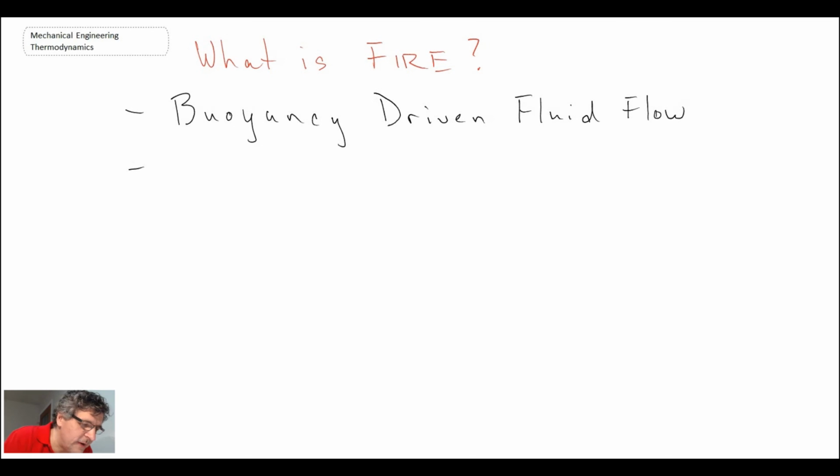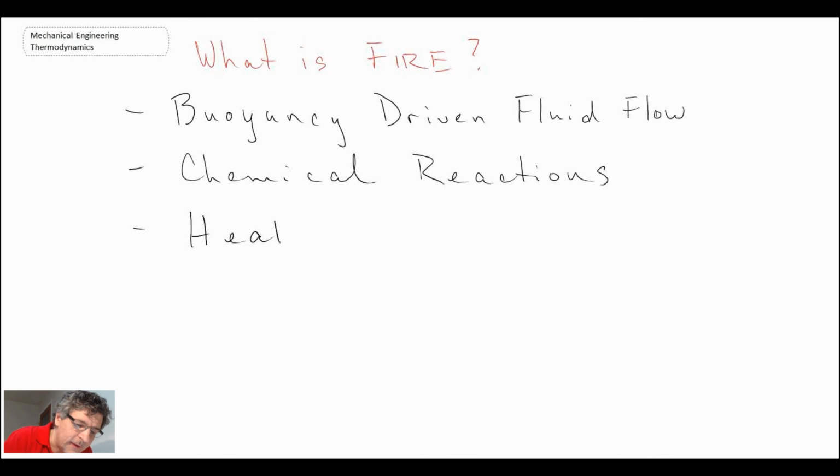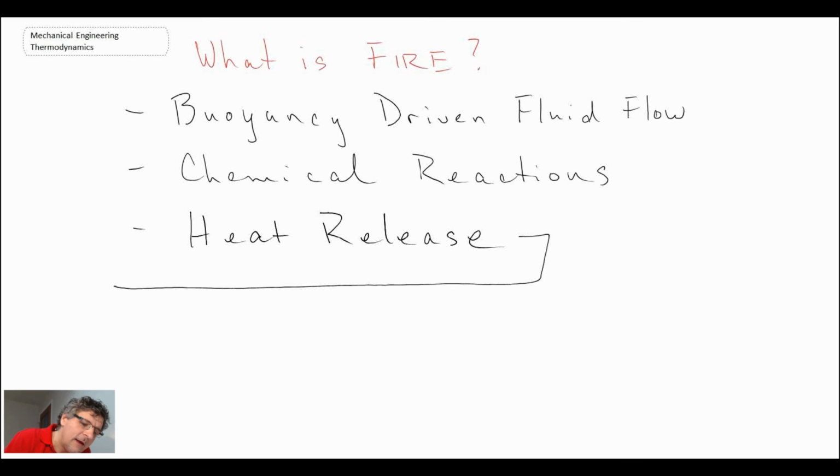So it's buoyancy-driven fluid flow with chemical reactions, and through those chemical reactions we also have heat release. When you have a chemical reaction with heat release, that drives the buoyancy-driven fluid flow. So in a nutshell, in a very simple way, you could say that that is what fire consists of: a fluid flow with chemical reaction and heat release.